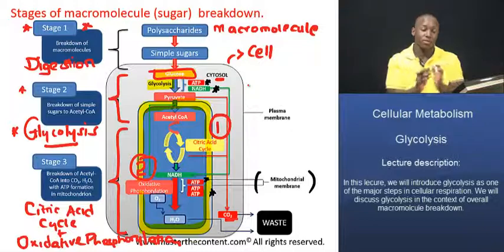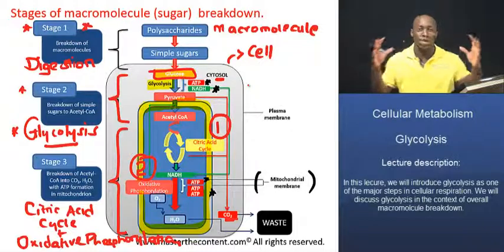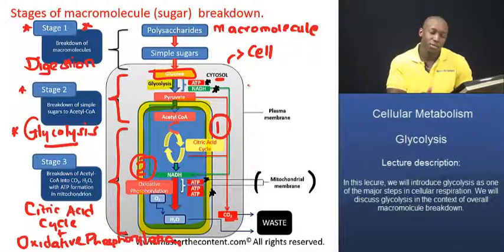So what we have on the screen right here is just basically something that breaks down the entire process for you. So you can see right there we have digestion happening, which breaks down those sugars into smaller manageable units like glucose. Glucose finds its way into the cell. It undergoes glycolysis, which converts it into a pyruvate molecule, which is then converted into acetyl coenzyme A, which is fed into the citric acid cycle.